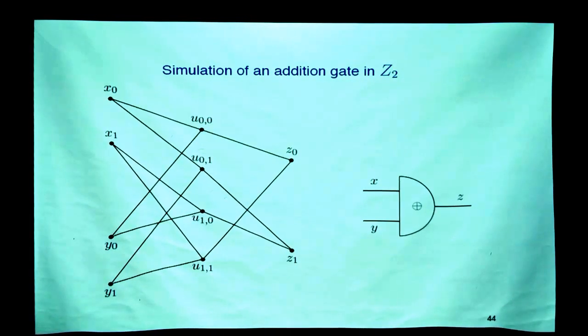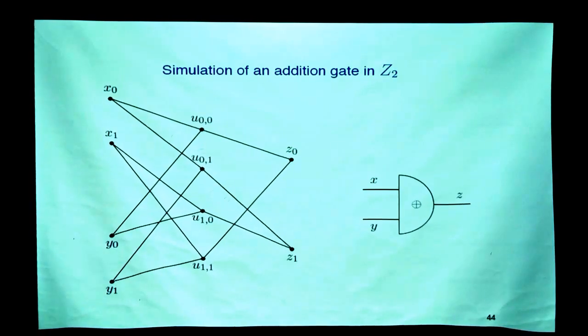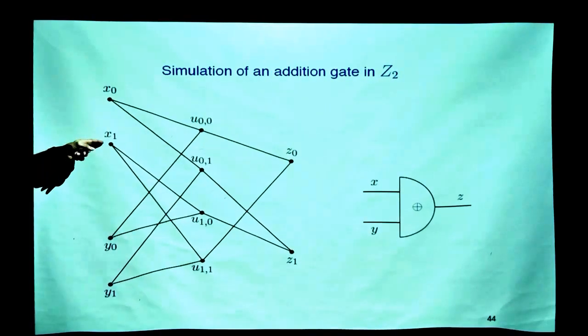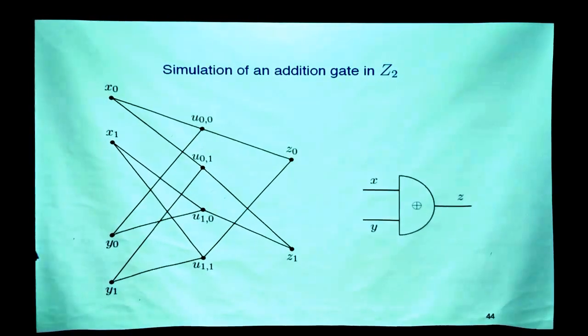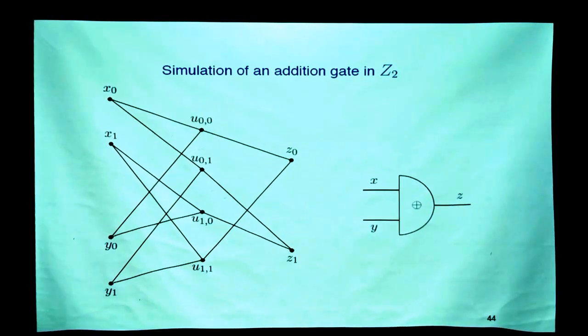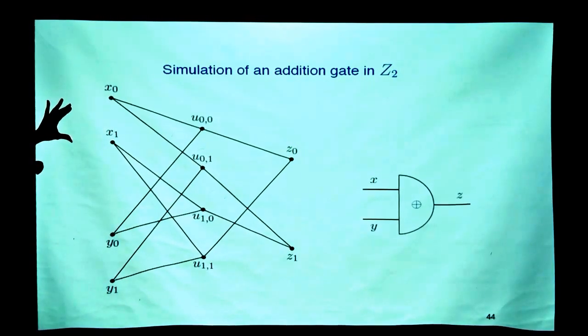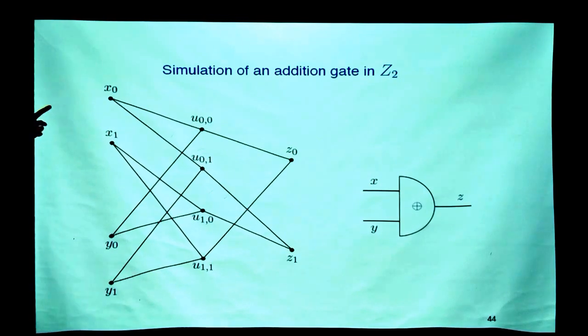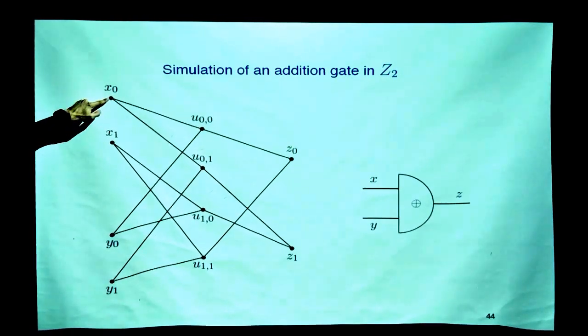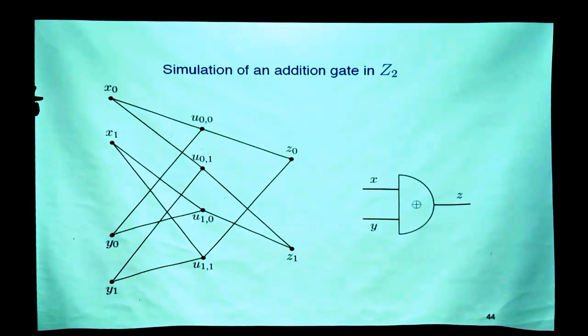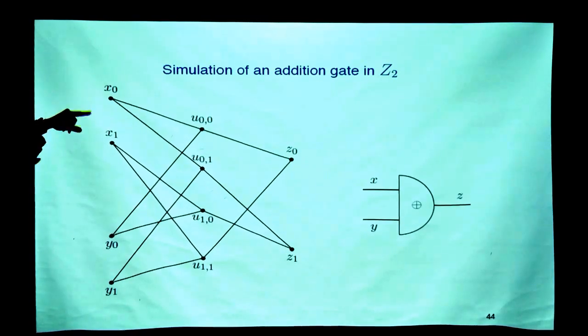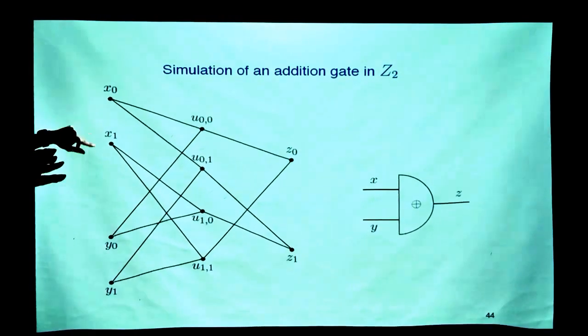So imagine this is for addition modulo 2. You have two values, 0 and 1. A 0 would be encoded into an automorphism that maps 0 to 0 and 1 to 1. And a 1 by an automorphism that maps 0 to 1 and 1 to 0.